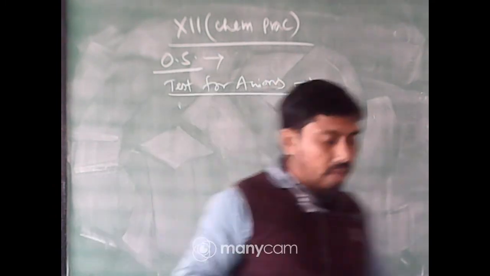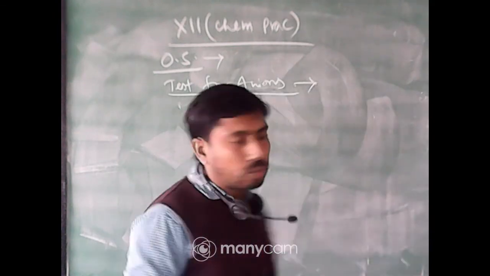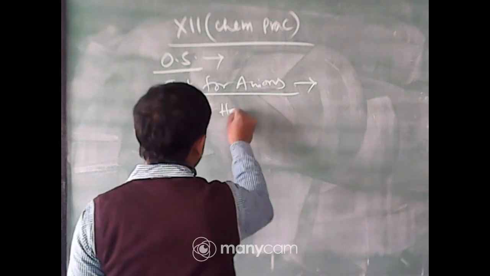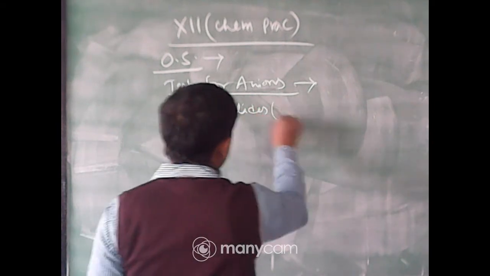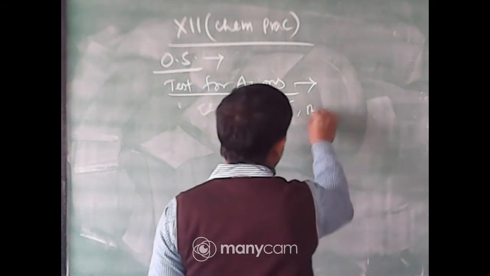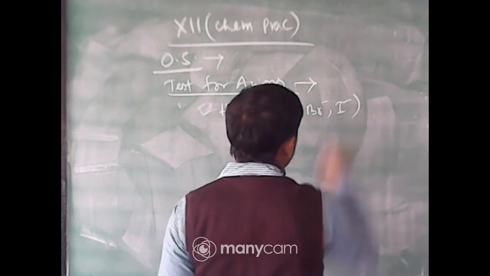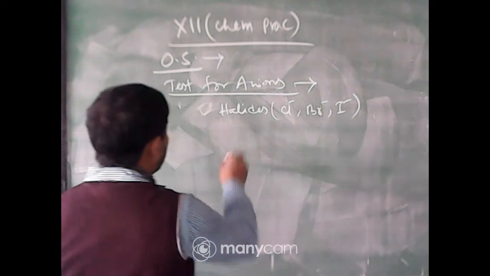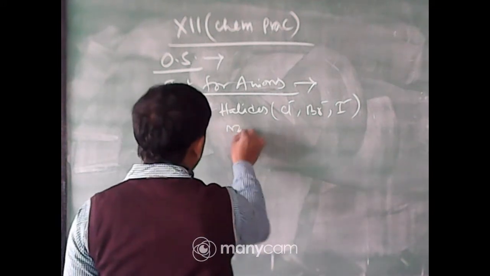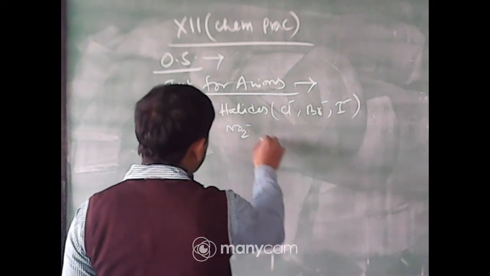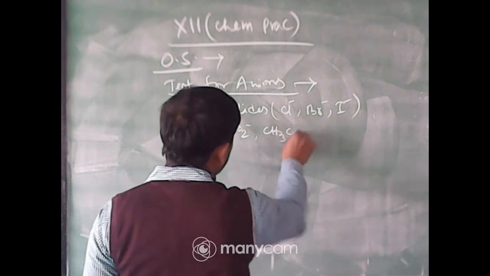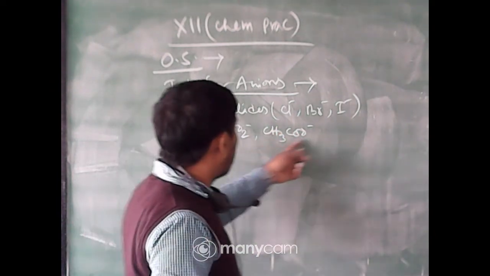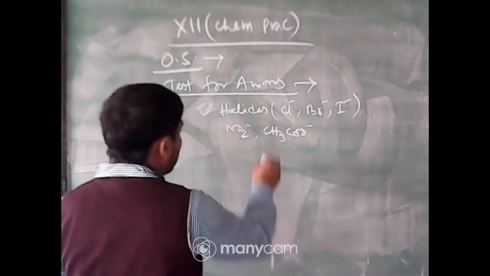Now for the test for anion, first of all we will do the test for halides, that is chloride, bromide and iodide. These have three different colors of precipitates. Then nitrates or acetates, but these also respond in the dry tests. Next one is acetate.